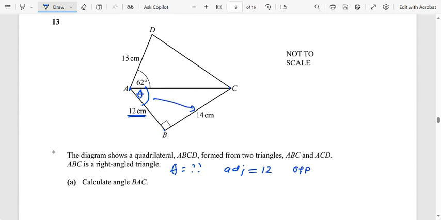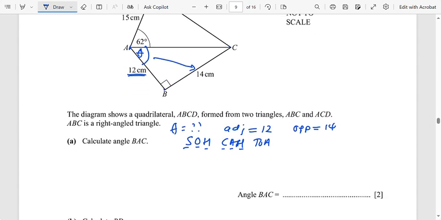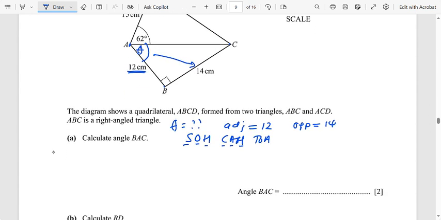So the opposite is equal to 14. So when I try to use SOH CAH TOA, I can see that sine is opposite over hypotenuse, cos is adjacent over hypotenuse, and since the hypotenuse is not included, both sine and cos are not applicable. So which means I end up opting for tan of an angle, or tangent of an angle.